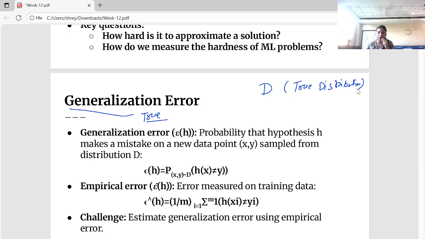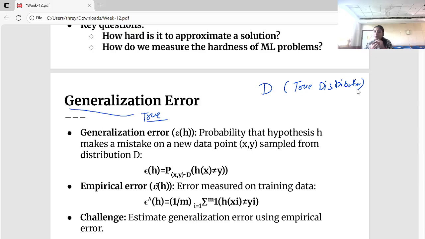We can have multiple variations from different countries, age groups, and genders, but still you lack something in your data. So you cannot touch the true distribution. You cannot have an idea of the true distribution of the underlying data. So I am saying this D distribution is the true distribution, which we don't know.